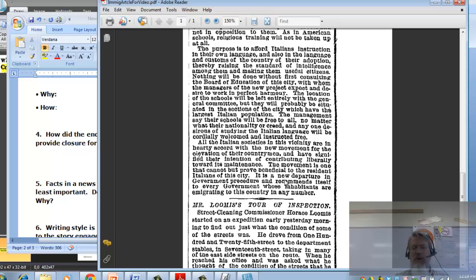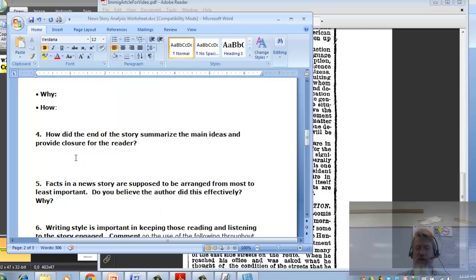The movement is one that cannot but prove beneficial to the resident Italians of this city. It is a new departure in government procedure. Sorry, I get mixed up there. And recommends itself to every government whose inhabitants are emigrating to this country in any number.